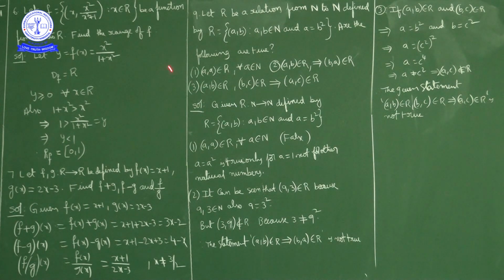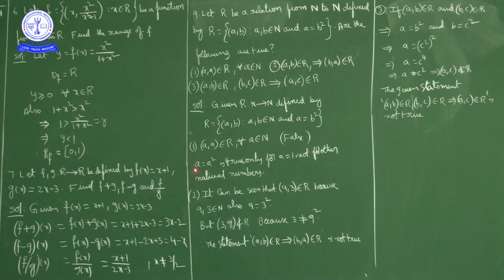Here, (a, a) belongs to R for every natural number is a false statement. Because what is the relation between first element and second element? The first element is the square of the second element, no? Means a is equal to a square, where a is a natural number. So this given statement a equal to a square is true only when a is equal to 1.